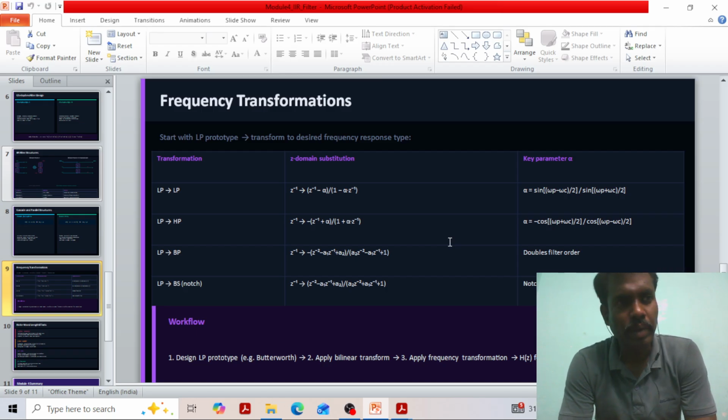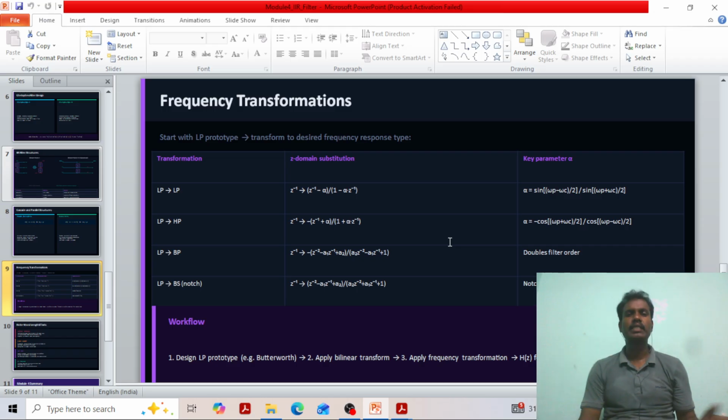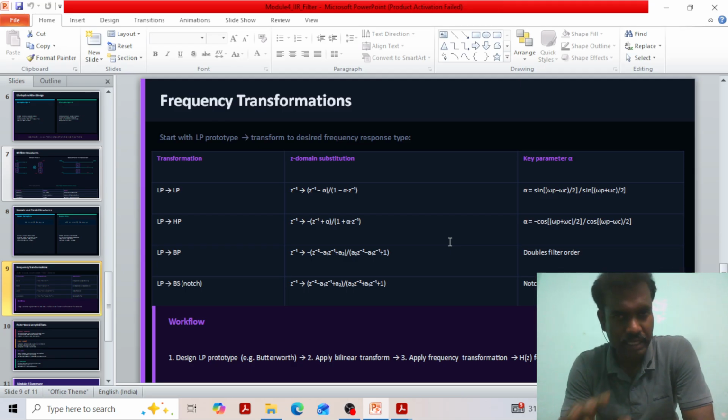For band pass, we'll convert the low pass H of S into band pass H of S, and then it is converted into digital by using some transformation techniques. So we have designed only up to the analog low pass filter, and then low pass to other filters just by substituting S with the suitable formula for frequency transformation. We are not going to discuss the derivation of that frequency transformation, just the formulas we want to remember.